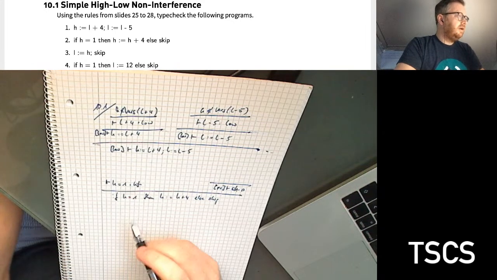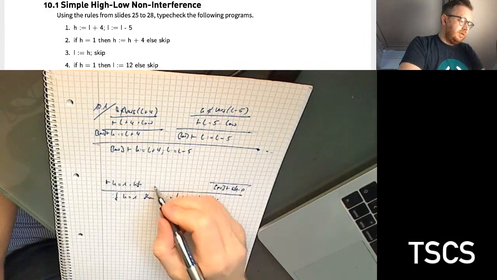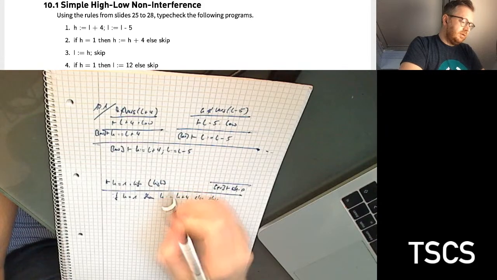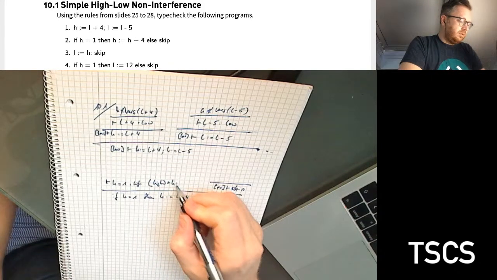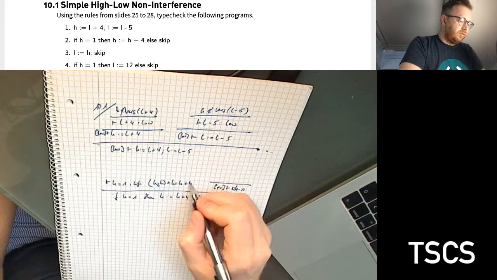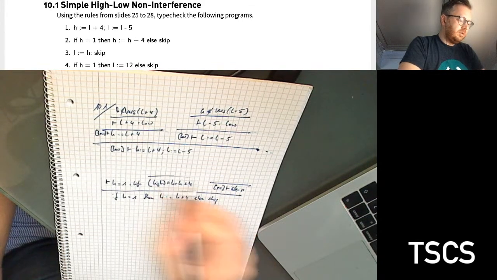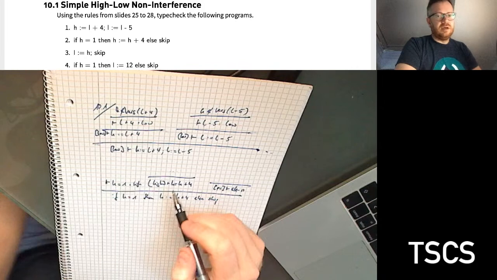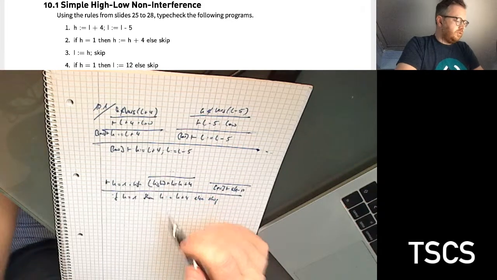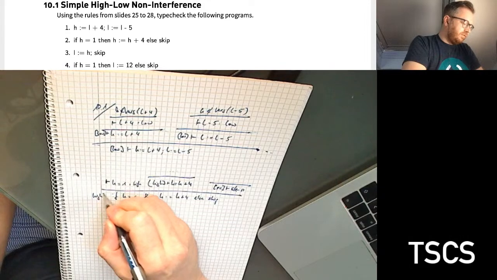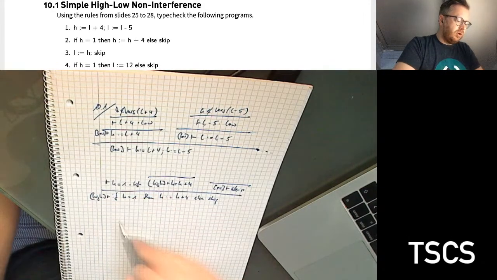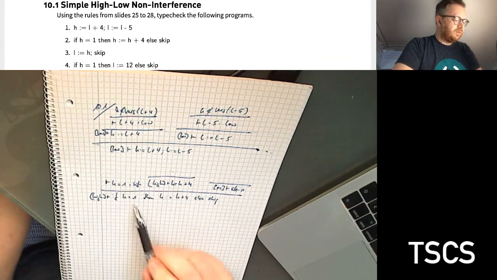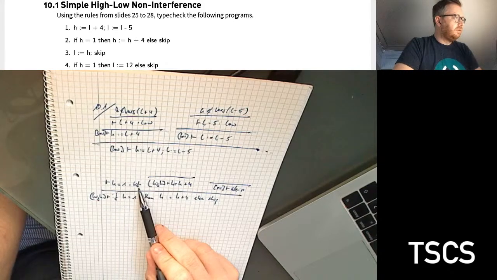So this is typed as high, and the expression here is also in the high context, because it's H plus 4, we're reading H again. And you can pretty much figure that out for yourself. This puts all of this, of course, in the high context, because we're reading from high, and this is the condition of high. So the whole thing must be high, especially when the condition is here.